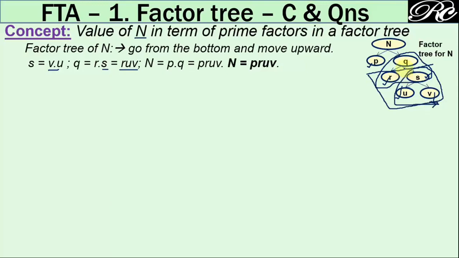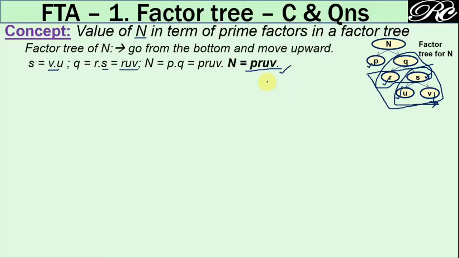You need to go for s. Take the prime factors below that number q, they are r, u and v. If you go for n, n is the product of p and q, and q is r u v, so n is p r u v. This way the composite number n can be written as the product of its prime factors.